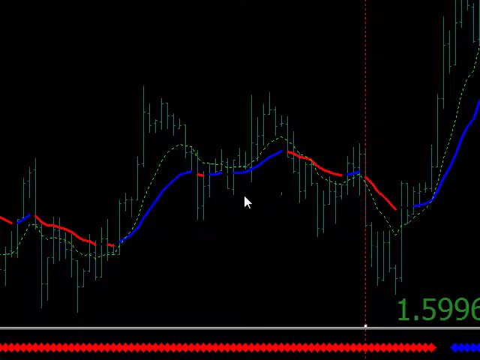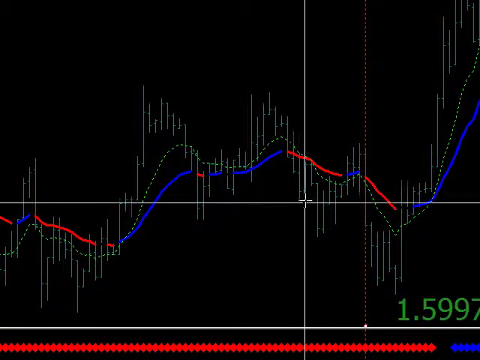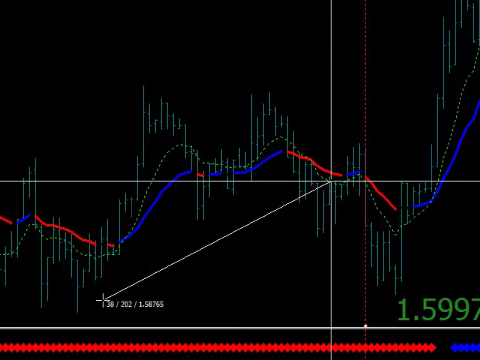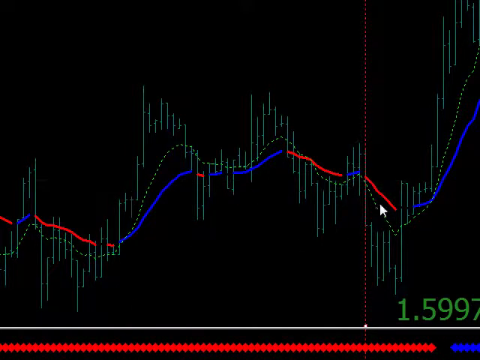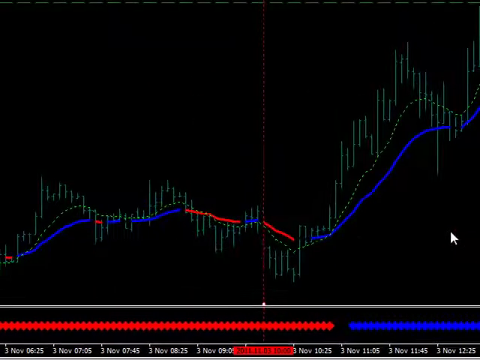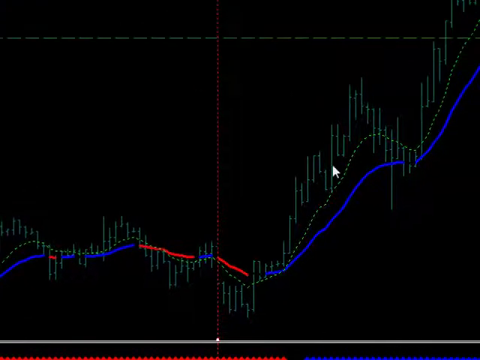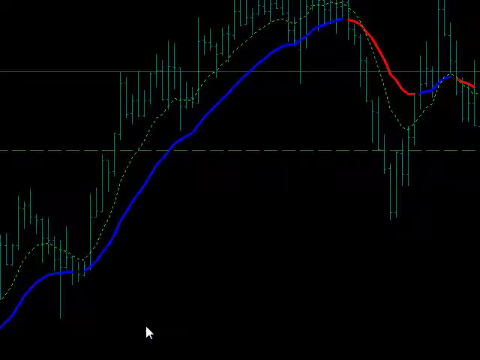It did break through this support, but when it came back up here, it was only 20 pips. You really needed 25. So really there was no trade here. It did basically a double bottom, and she rolled right on up.